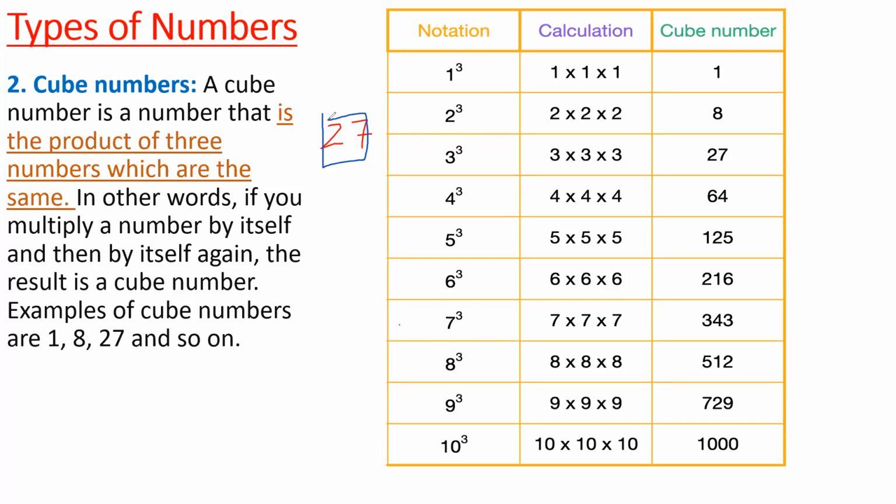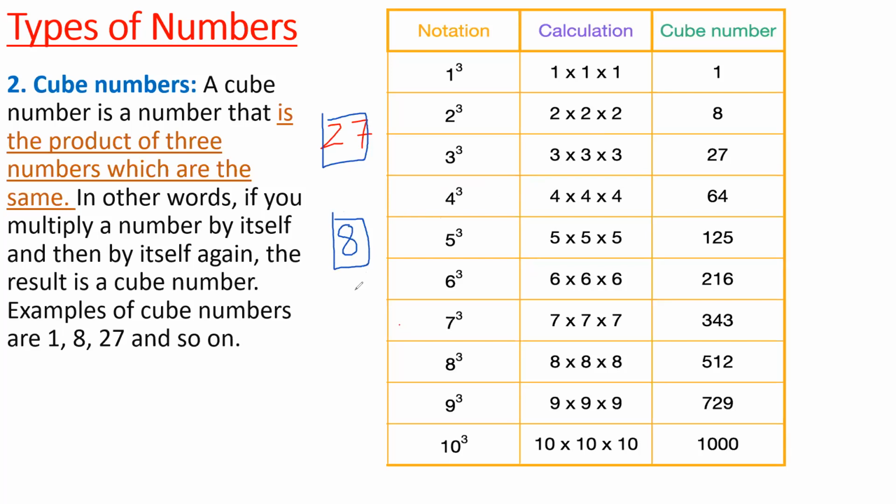Let me ask the question. 8. What type of number is 8? A composite number and a whole and square number. A whole number, and is it a square number? 8 is not a square number. Pardon me, sir, I meant cube number. It's a cube number.